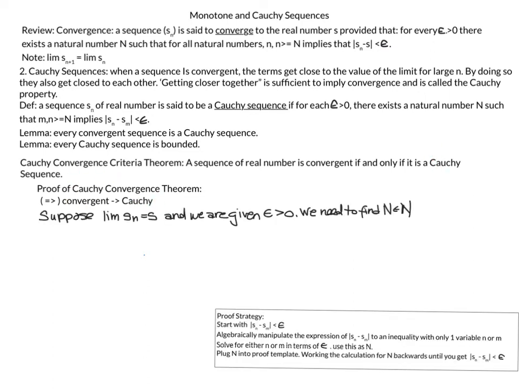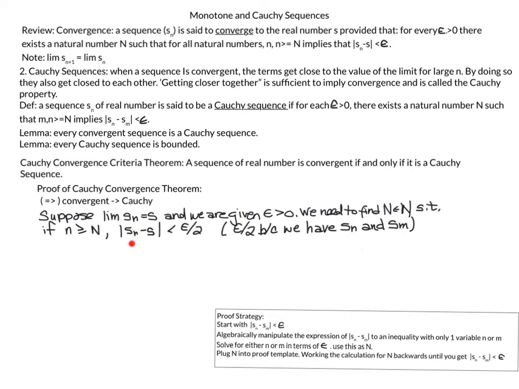Since it is convergent, suppose that we have our sequence Sn and that it has a limit S. We're given that epsilon is greater than 0, and we need to find that natural number, capital N, that satisfies the condition for a Cauchy sequence.